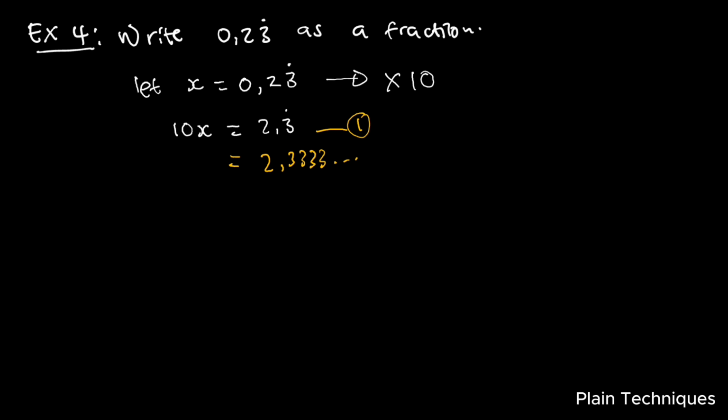So equation number 1 is 10x equals 2.3333. If I multiply that equation by 10 to get equation 2, 10 times 10x will be 100x.